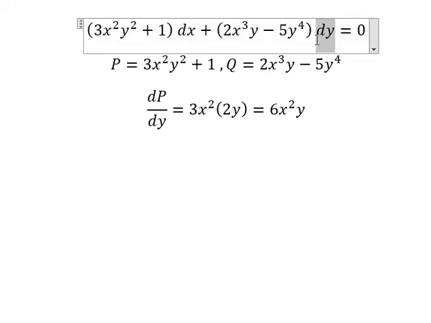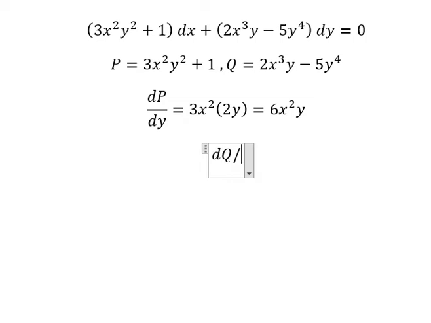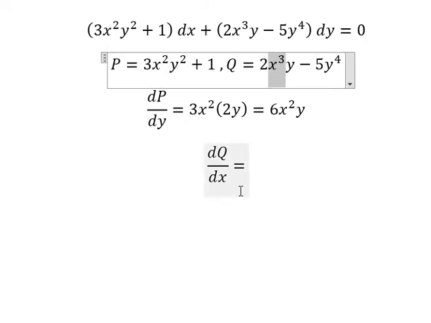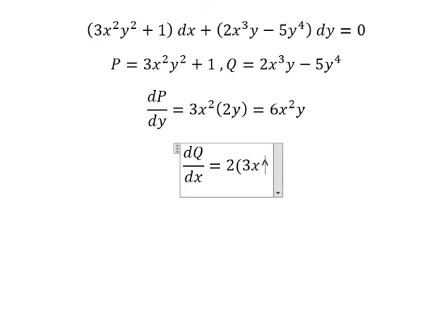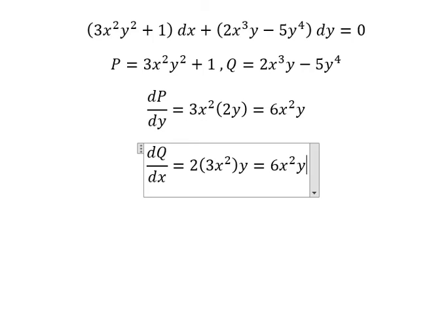So we have dy, that means we need to do first the derivative of q with respect to s. So this one we have 3s squared y and we have 6s squared y.